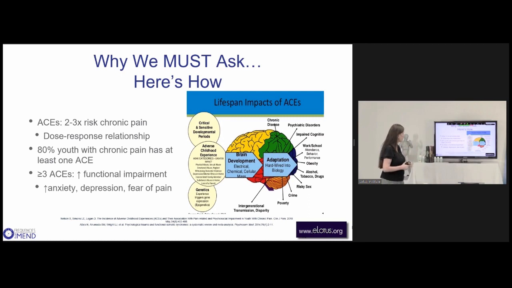So here's the research. I wanted to give you plenty of time to look at this. And it's the lifespan of what happens with ACEs. This has been very, very well researched, which is why I do not understand that every single pediatrician, every single internal medicine family practice in the military, we are not aggressively addressing what has happened to people so we can intervene.